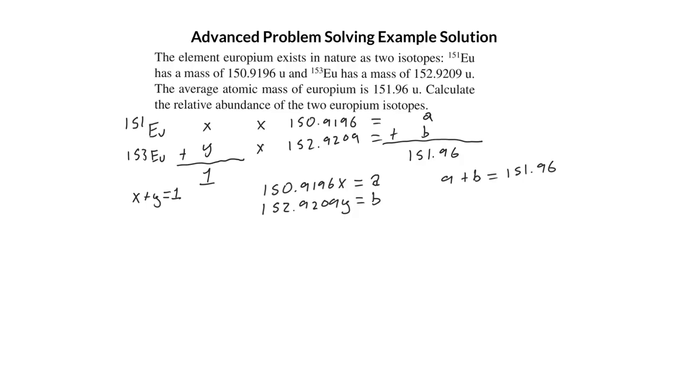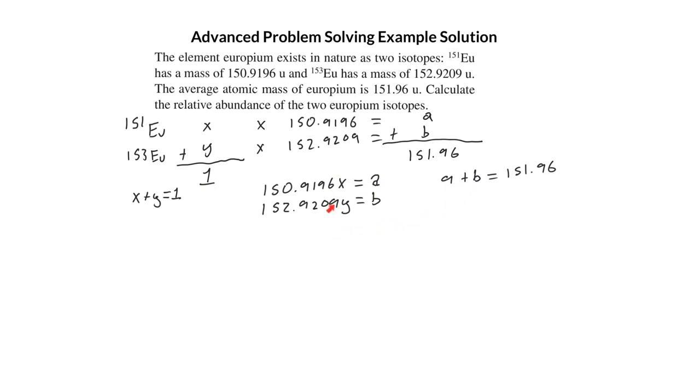Now, combining systems of equations can get a little tricky sometimes. So, what we want to do for a minute is step back and look at the big picture. What exactly are we trying to solve for? We're really trying to solve for x and y. So the first variables that we should try to eliminate entirely are a and b. And that's not too hard. a plus b equals this, and we already have two different equations that include x and y that equal those two things.